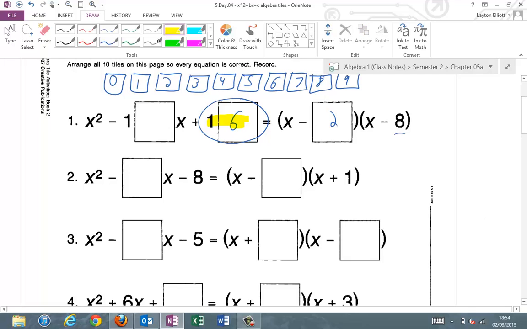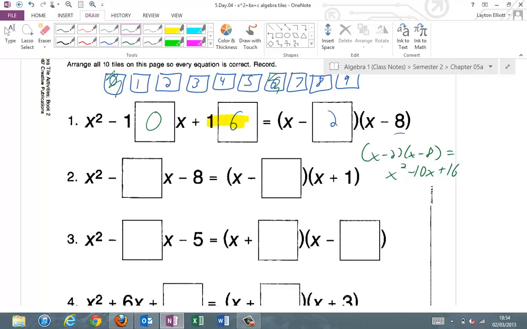If you need to see it off to the side, this is really x minus 2 times x minus 8, which multiplies to x squared minus 8 minus 2, which is minus 10x, plus 16, which means that this middle box gives me a digit of 0. So this is the only possibility for the first one, and this lets us mark off 0, 6, and 2. Now we're left with only a few possibilities.